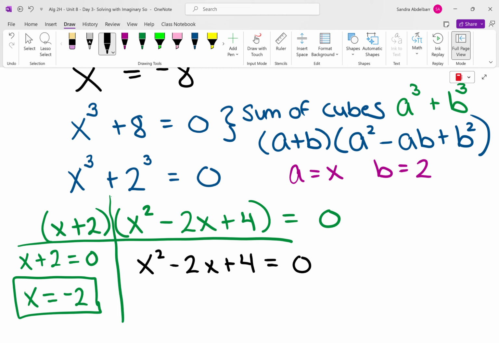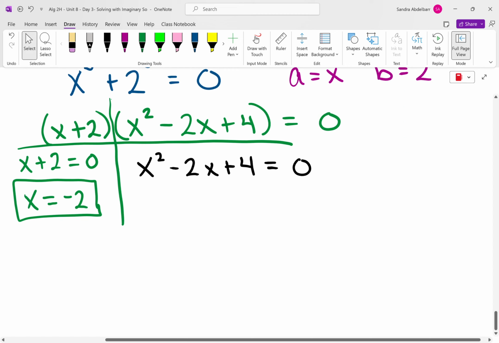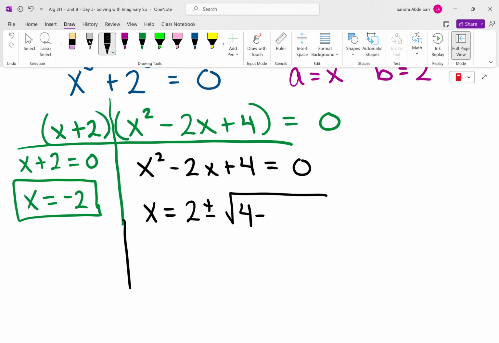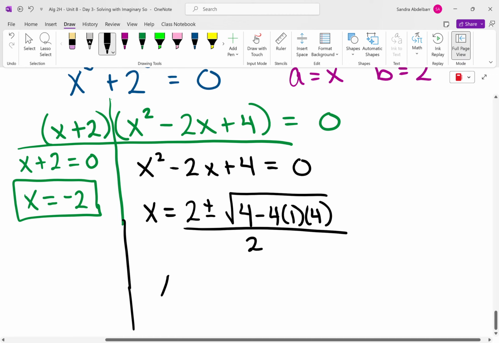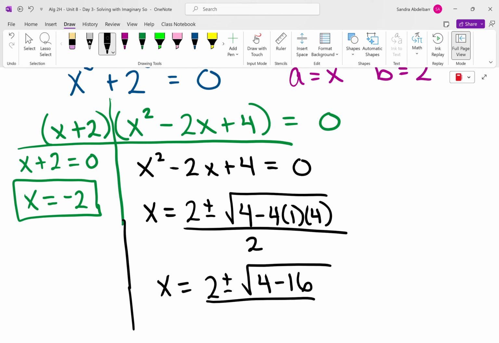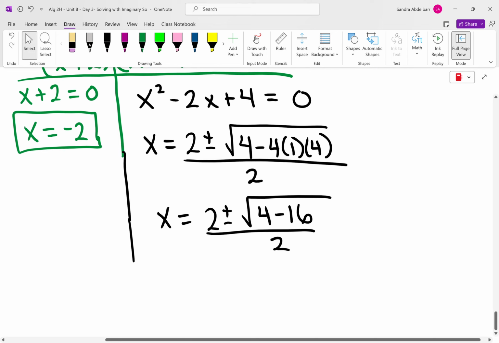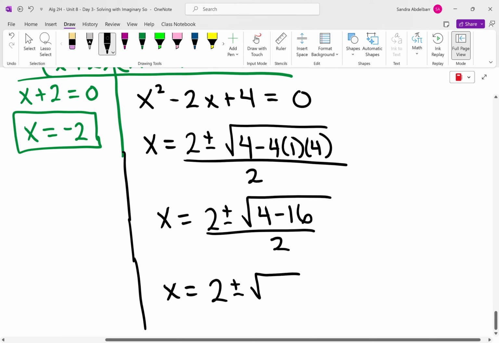So what do you think I'm going to recommend we do to solve this part? Use the quadratic. So we're going to have x is equal to 2 plus or minus the root of 4 minus 4 times 1 times 4 all over 2. So x is equal to 2 plus or minus the root of 4 minus 16 all over 2.